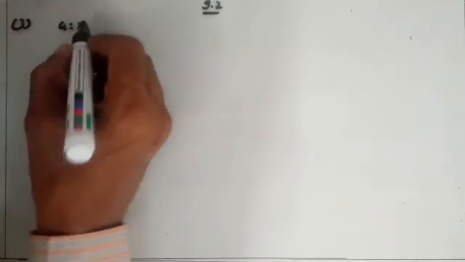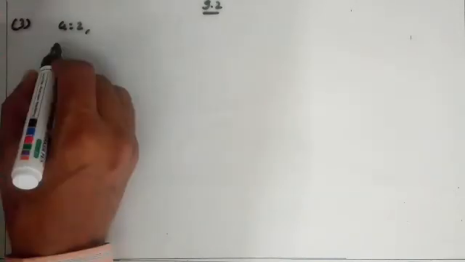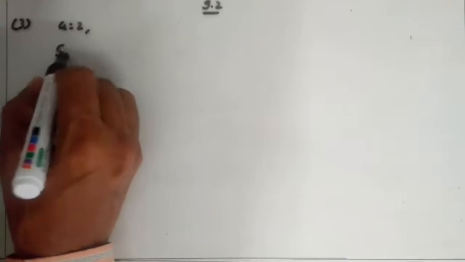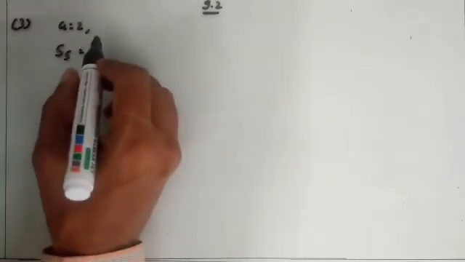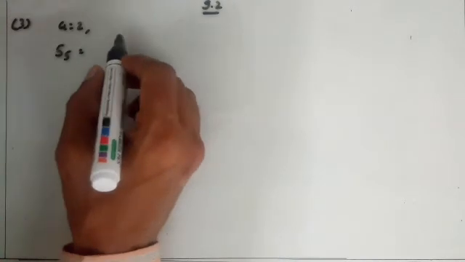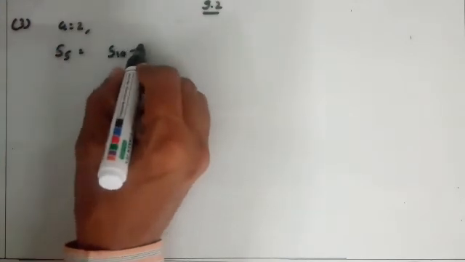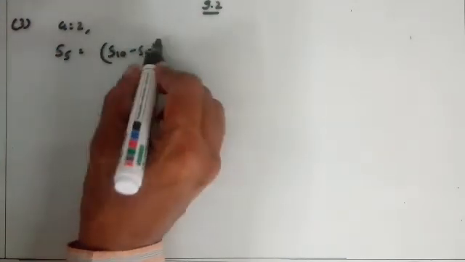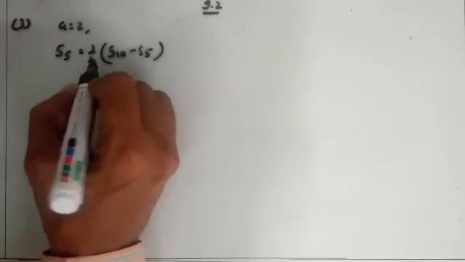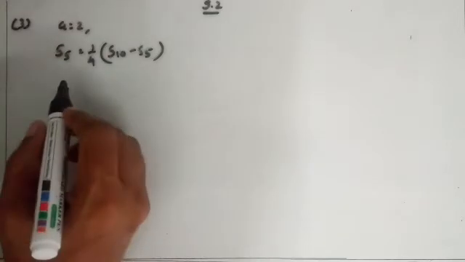In an AP, the first term is 2, that is a is equal to 2. The sum of the first 5 terms, that is S5, is 1/4 of the next 5 terms, that is S10 minus S5.